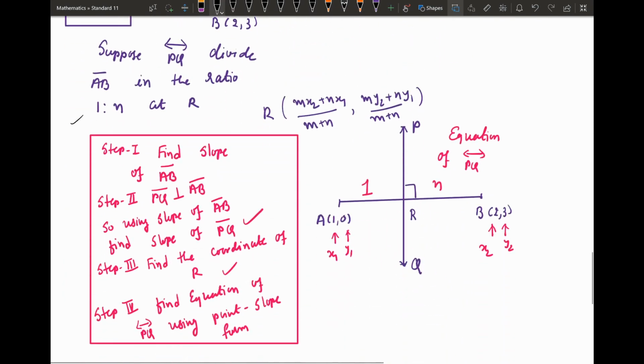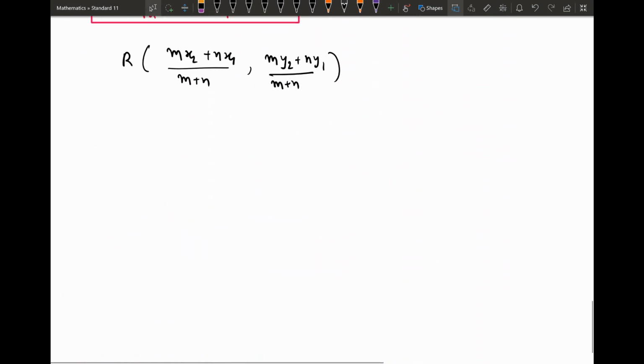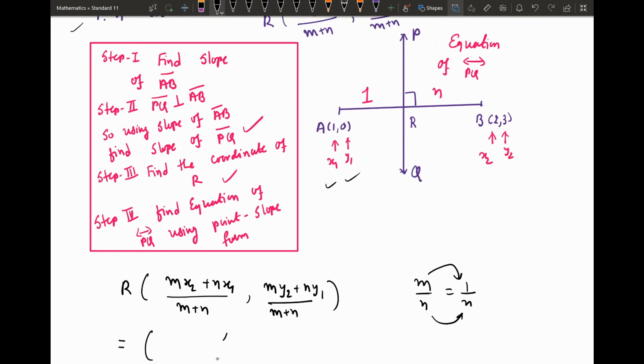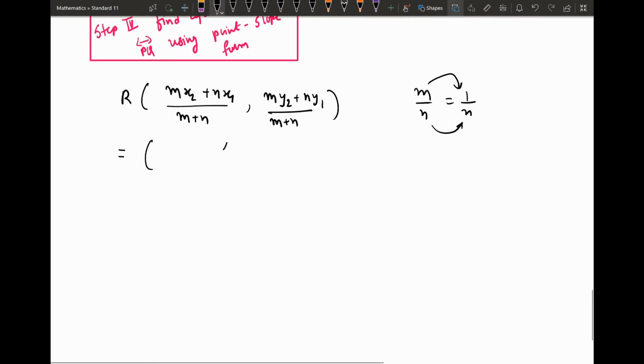Now coordinates of R: 1 into x2 plus n into x1, put the values of x1 and x2. m is to n is 1:n, so for m we put 1, n equals n.